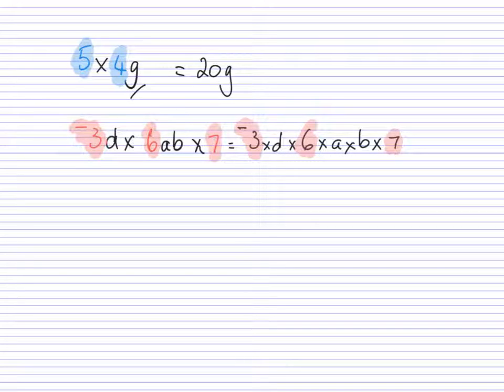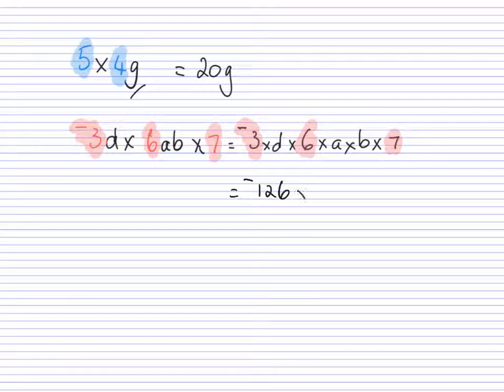So, to solve this, those real numbers, we multiply them together, which would be -126. For you, you'd be putting it into your calculator. Remember, convention says that we need to put our numbers first, so that's why we've written -126 first.